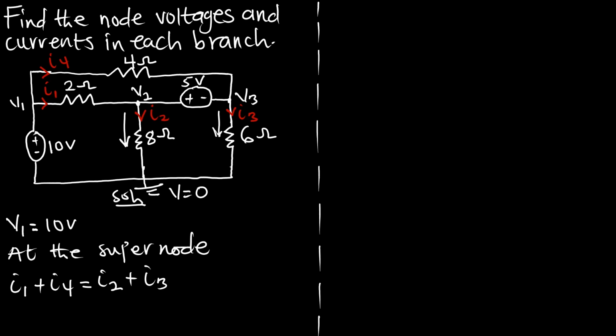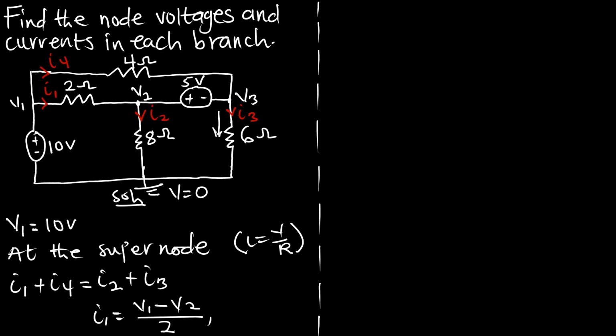It's clear enough. So now that we have our KCL, it is very simple for us to apply. So we are going to express the current in terms of voltages. So I1, in terms of voltage, we know that I is equal to the voltage across the resistance. Looking at the direction of I1, it is between V1 minus V2, and the resistance is 2.